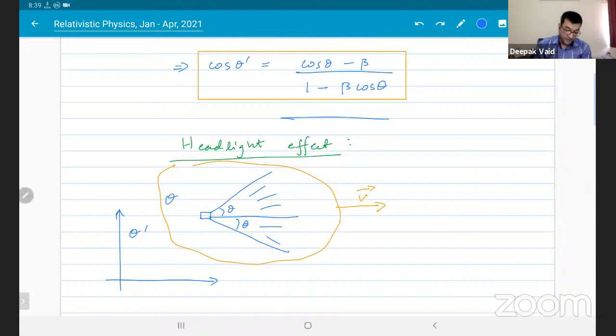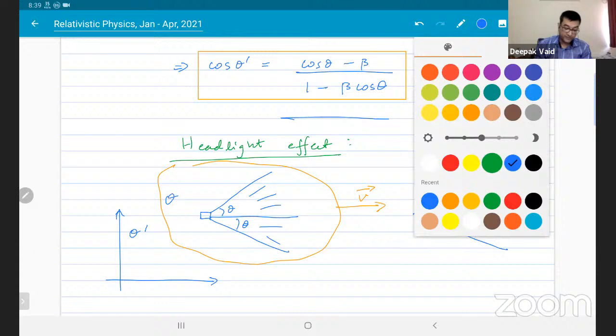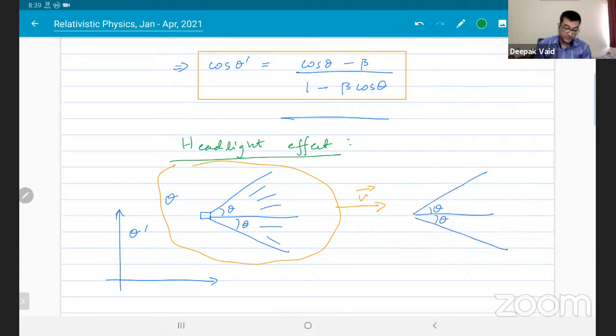Well, the apparent angle is going to reduce. So if this is what the light looks like in the rest frame of the object, in the moving frame, this will become theta prime.